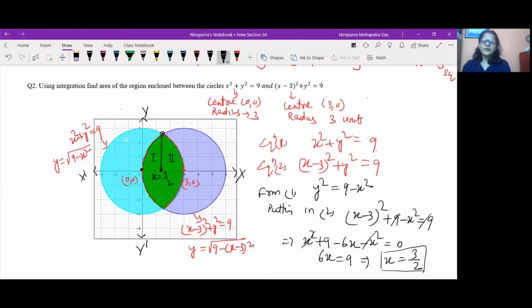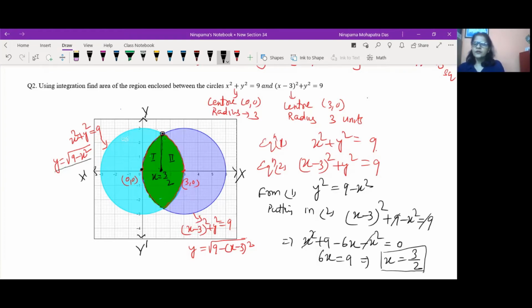And the area of region 2 represents what? It is from 3 by 2 to 3, bounded by one boundary x equal to 3 by 2, one boundary the x axis, and the other boundary the curve x square plus y square equal to 9, y representing this circle.